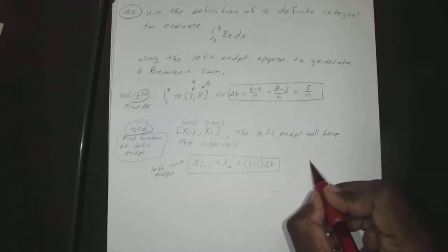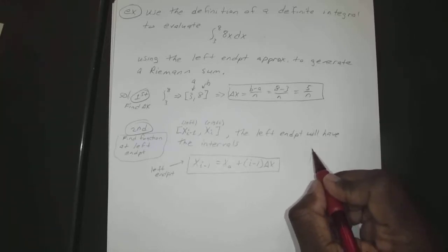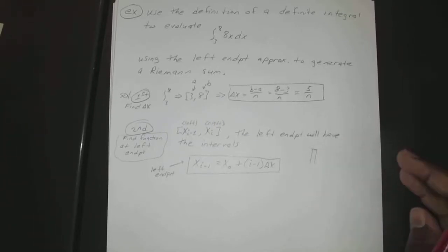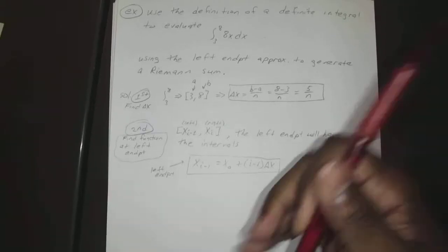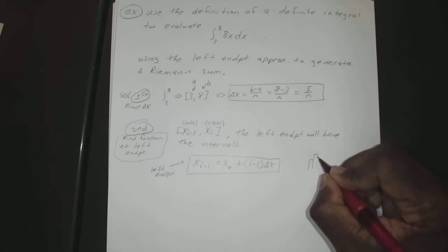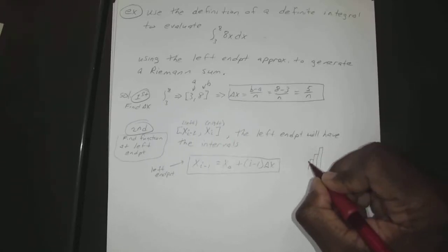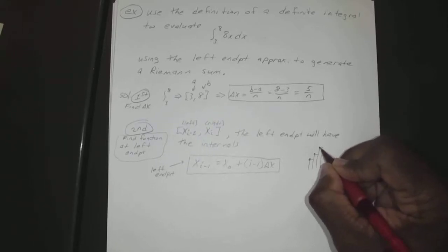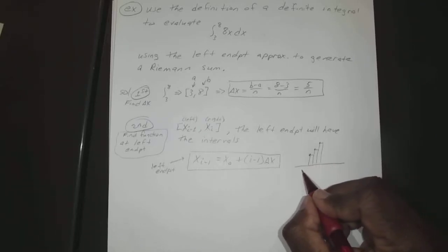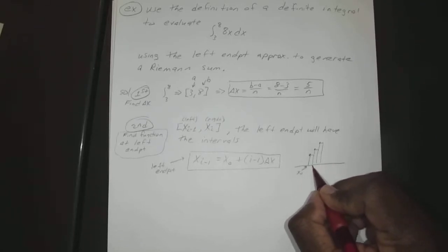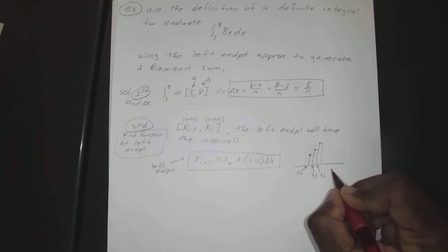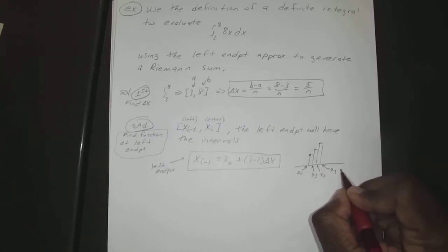And again, if you just wanted a visual, let's say you're just starting right at your left endpoints, and that's going to be touching the graph. So you have your x0, your x1, your x2, and the very last one, your x3.